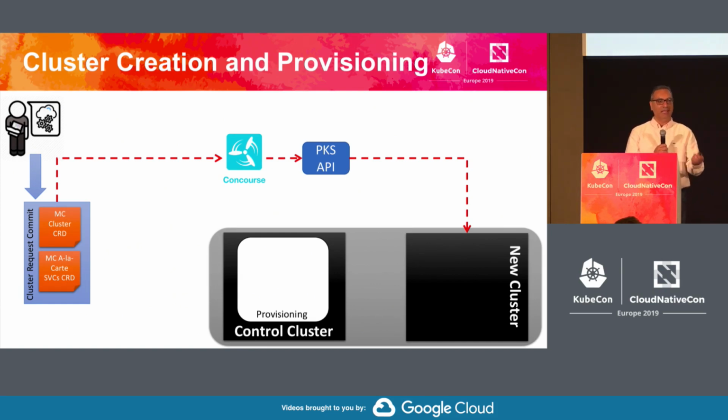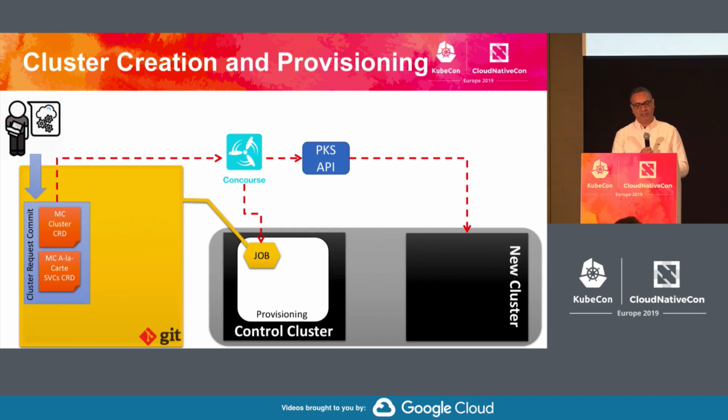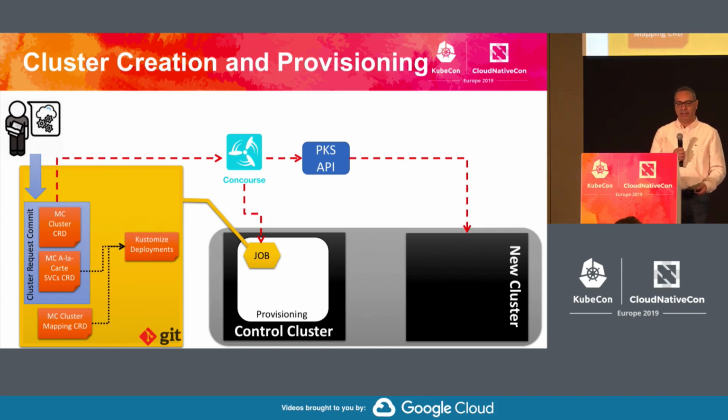When a new cluster is done, Concourse will do a last part, which is to start in our control cluster a Kubernetes job. That Kubernetes job will operate on the Git. It's going to clone the Git repo and create a new customized deployment.